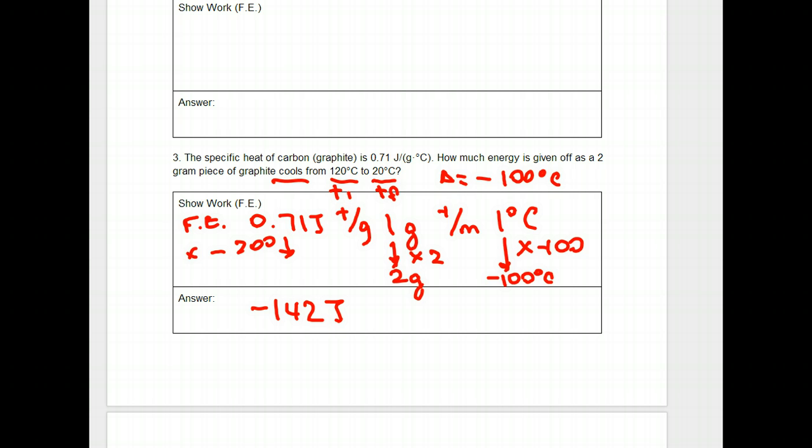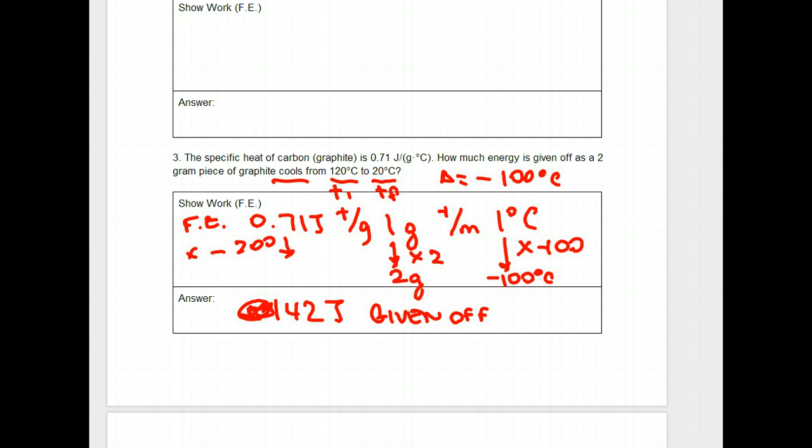Now, that's the right answer when you do the math, but you wouldn't necessarily have a negative amount of joules per se. However, that negative should tell you something. It means that 142 joules are given off.